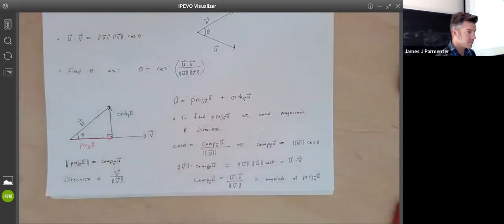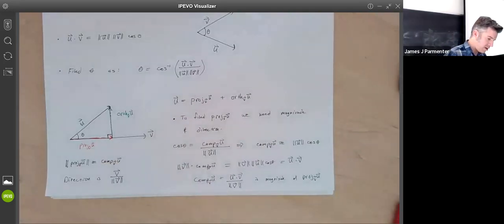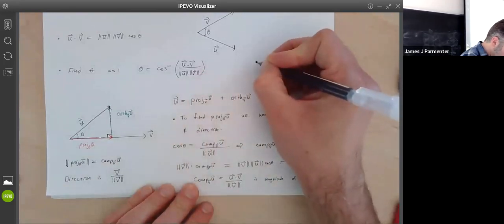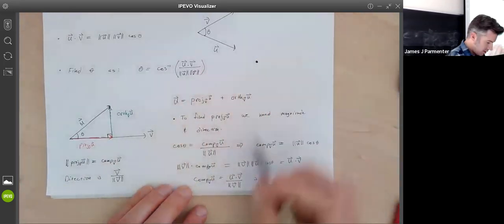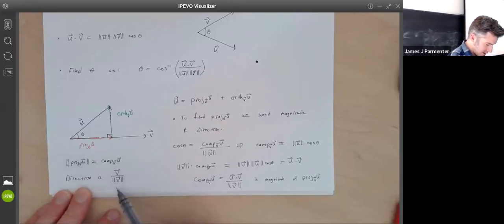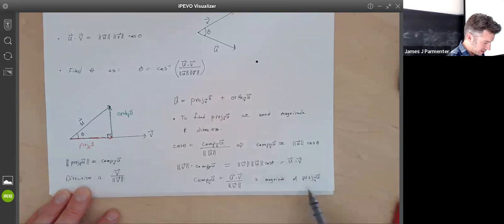Of course, I've run out of room at a critical juncture here. So we'll go up over here and put this all together. The projection of u in the v direction is this direction times this magnitude.